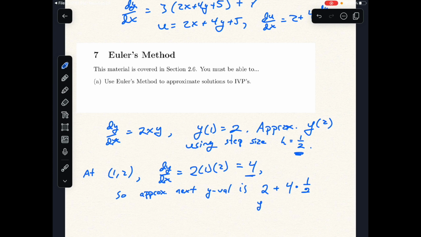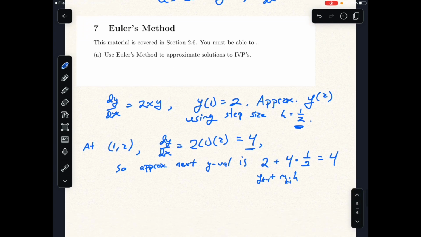So it's like our previous y value plus m times h, like y sub k minus 1 plus m sub k minus 1 times h. Whatever your previous y value is, whatever the slope at that previous y value is, and then times your step size. So 2 plus 4 times a half, that's 2 plus 2, that is equal to 4. So our next y value should be approximately 4.